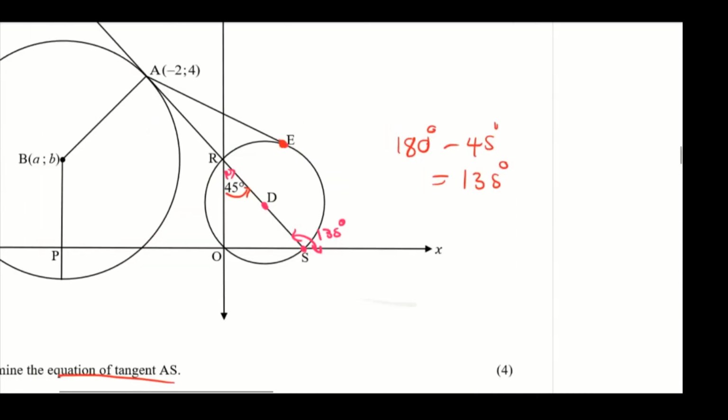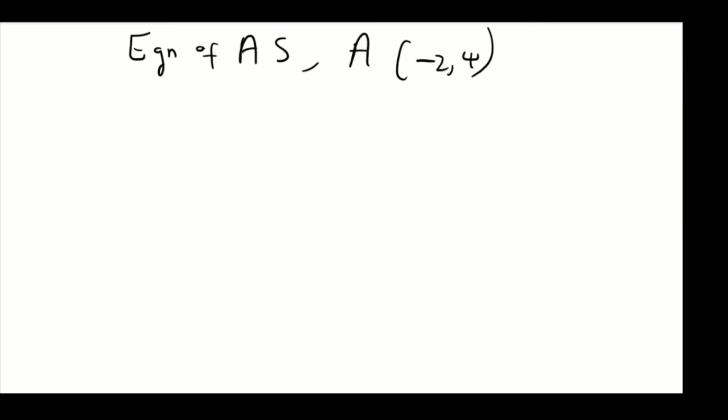So to find the equation of AS, we know A, the coordinates of A given as -2 and 4, and we are told the angle of inclination of this line, as we calculated, is 135 degrees equal to theta, right? So tan of theta is equal to m, right?